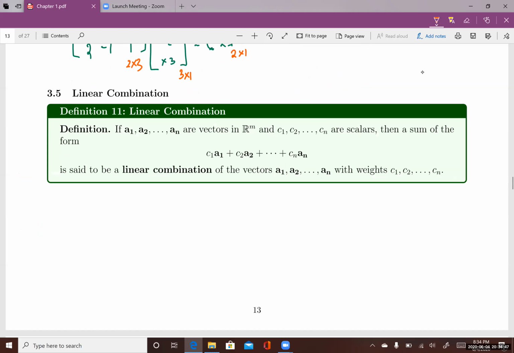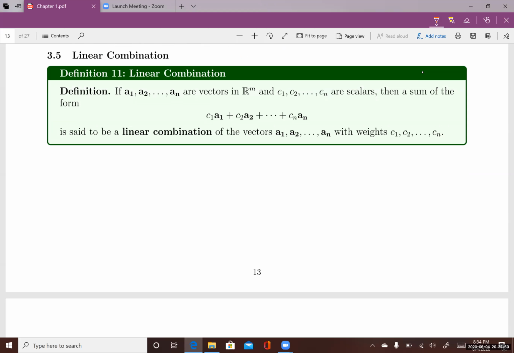But the next concept that we want to discuss is called linear combinations.